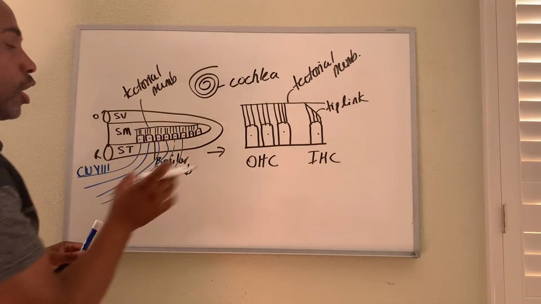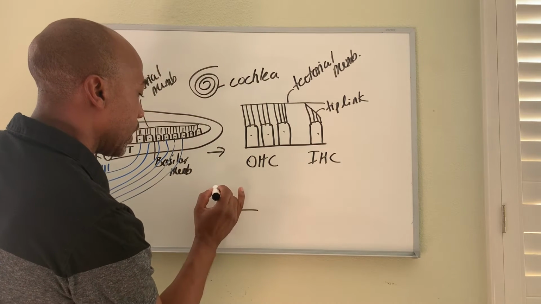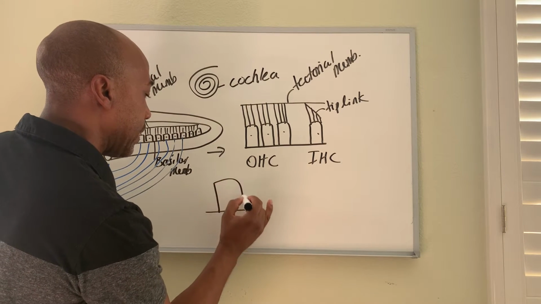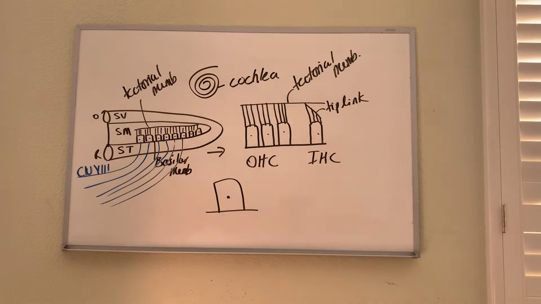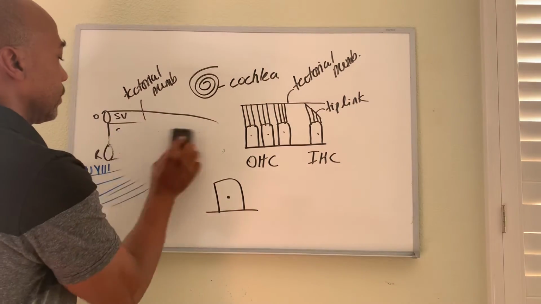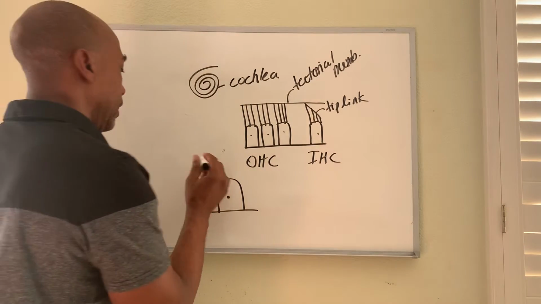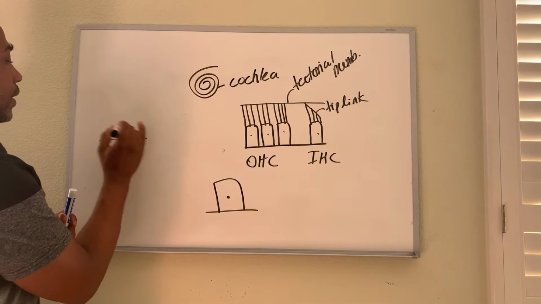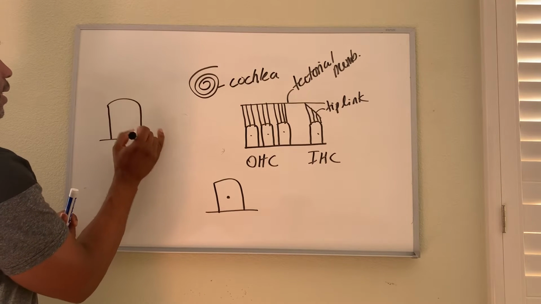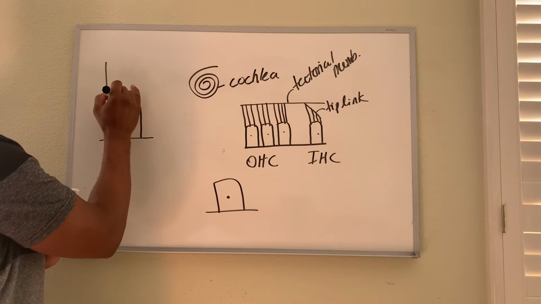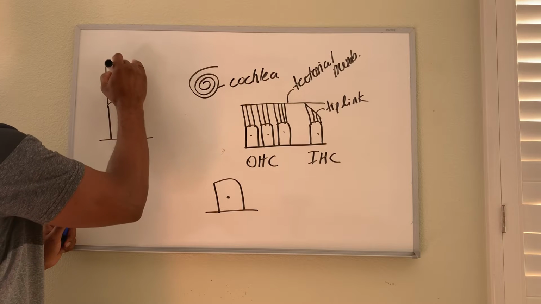So let's dig in some more on the inner hair cells. The inner hair cells sit on the basilar membrane and extend upward, with graded stereocilia, and here is the tip link.